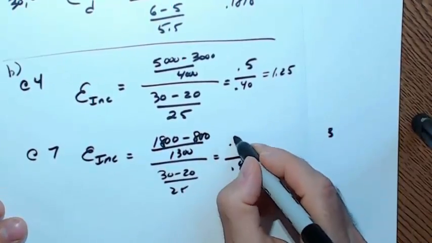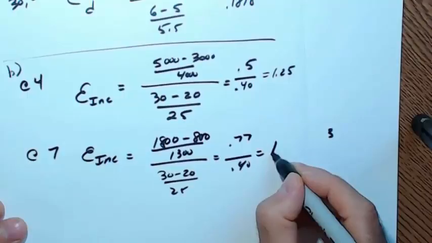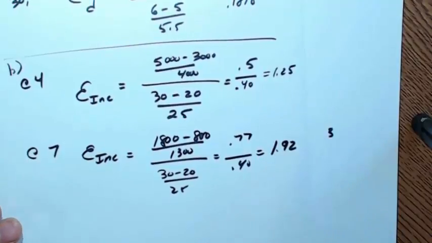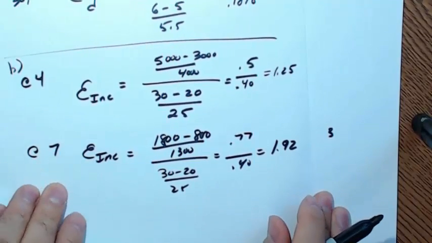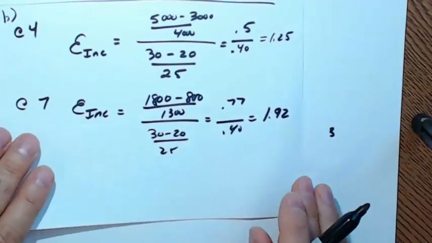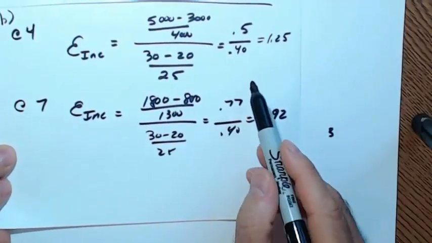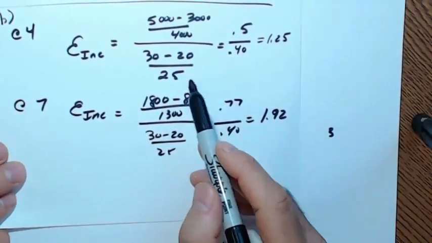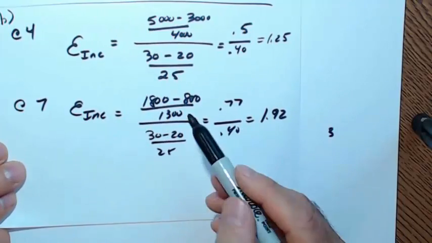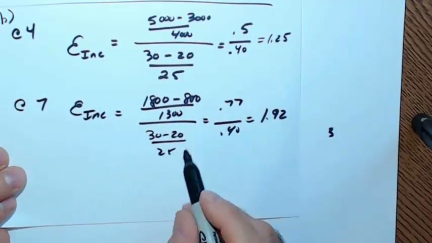That is a 77% gain, and that is a 1.92 income elasticity estimate. So what do you interpret from this? What do you see from these two numbers? Well, you see that as price rises, income elasticity rises.